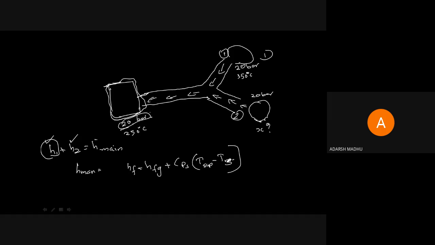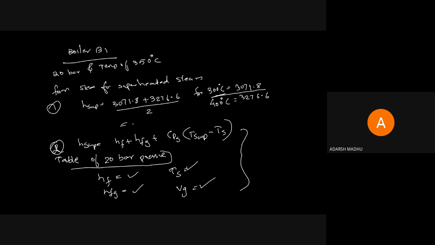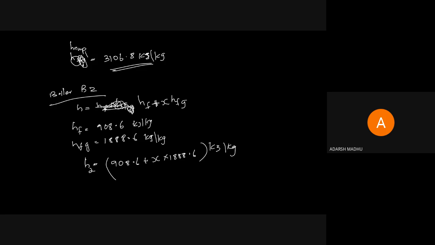So here all the boilers possess the same 20 bar pressure, so you want to take the reading only once. We have written HF value, HFG value, and TS value നമുക്ക് ആവശ്യമുണ്ടെങ്കിൽ എഴുതി വെക്കണം. TS value is 212.4 degree Celsius for 20 bar.